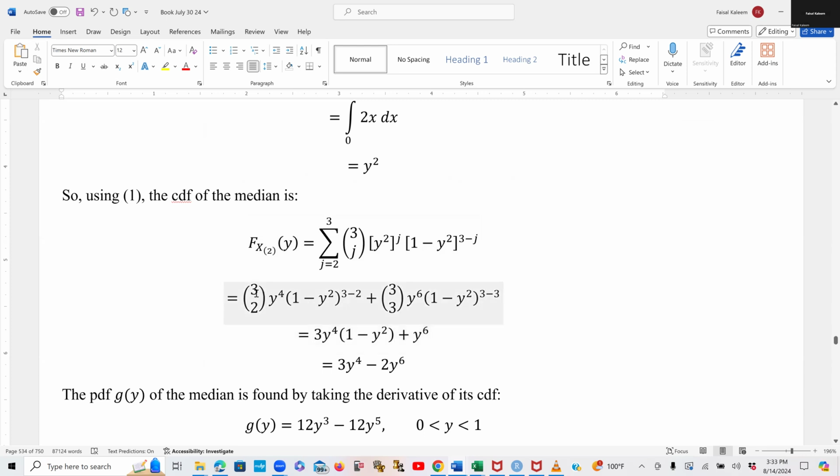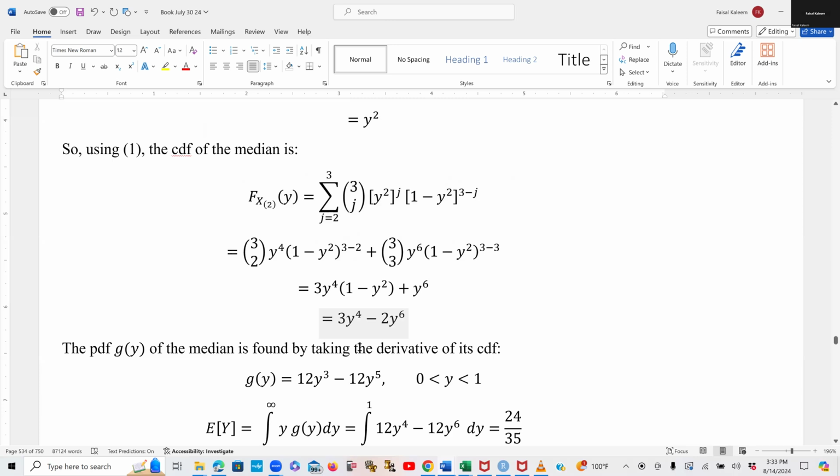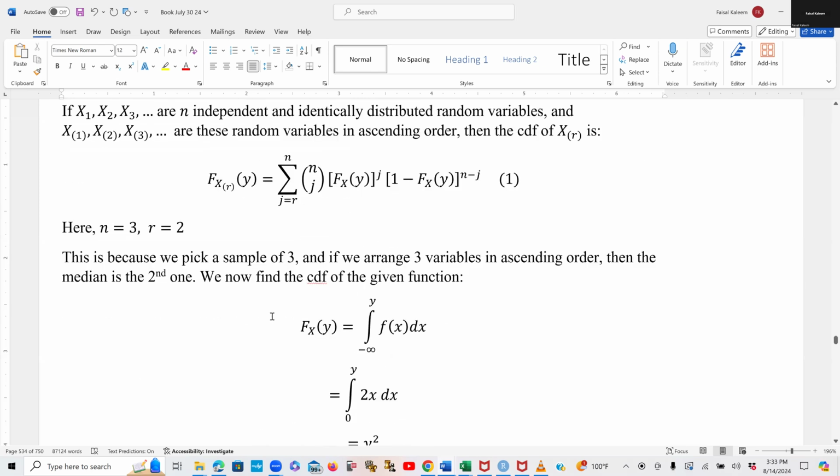From the first term, 3 choose 2 is 3, 3y^4, times 1 minus y squared. This simplifies to 3y^4 minus 2y^6, and this is the CDF of the second ordered variable.